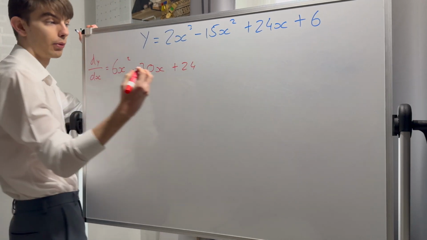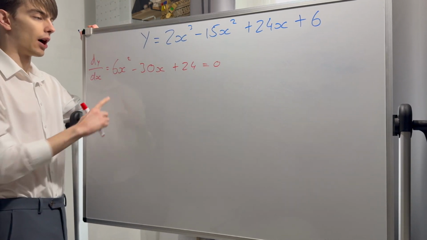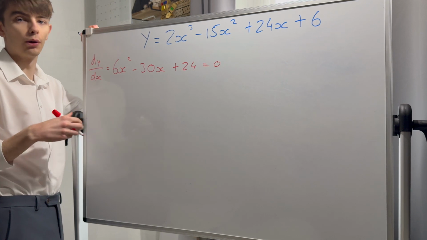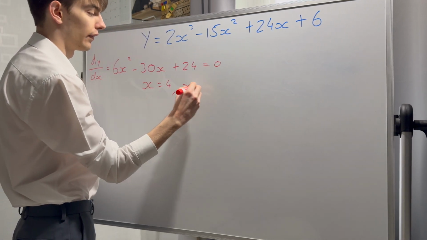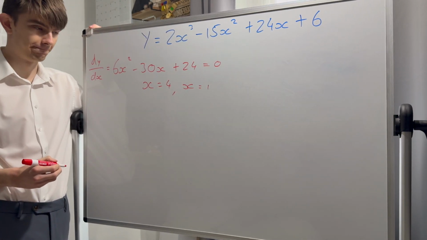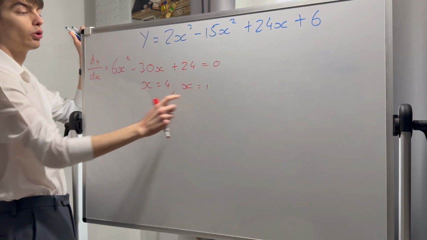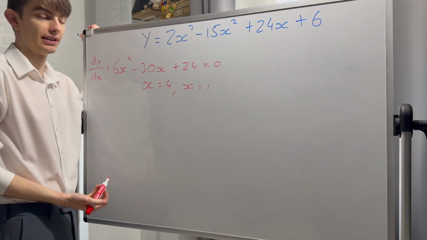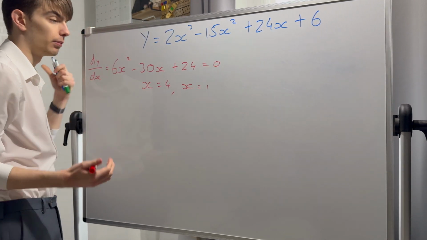And at a stationary point, this gradient is going to equal 0. Now, if I solve this using the quadratic formula or factorizing, I will save some time and say that this has values of x equals 4 and x equals 1. Okay, so here are the x-coordinates of my stationary points. There is a stationary point on this curve when x equals 4, and there's a stationary point when x equals 1.